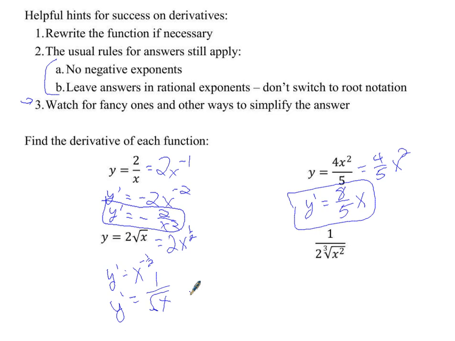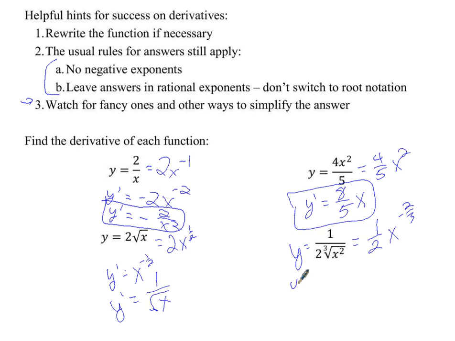The last one, I screwed up. I should have a y equals there. And we should rewrite that. How do I rewrite something that looks like that? One half, I like. X to the negative 2/3. Okay.